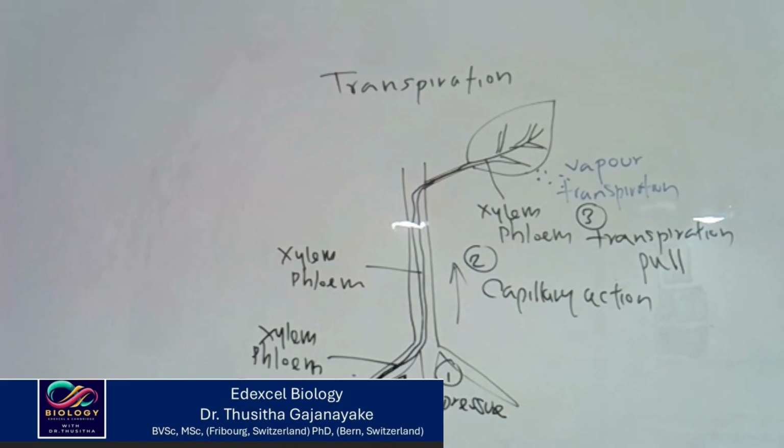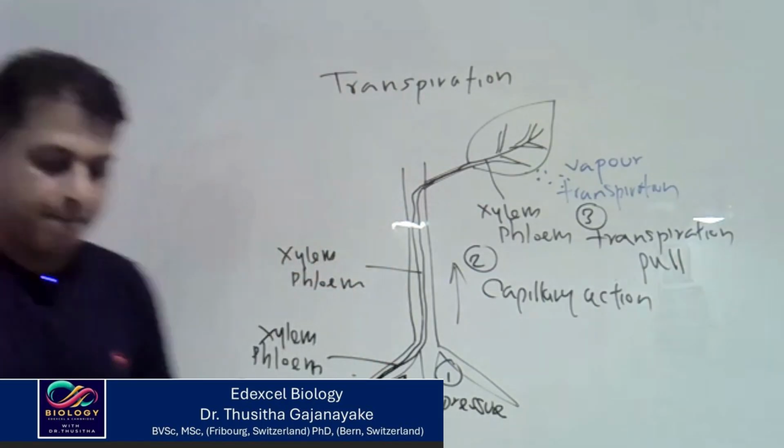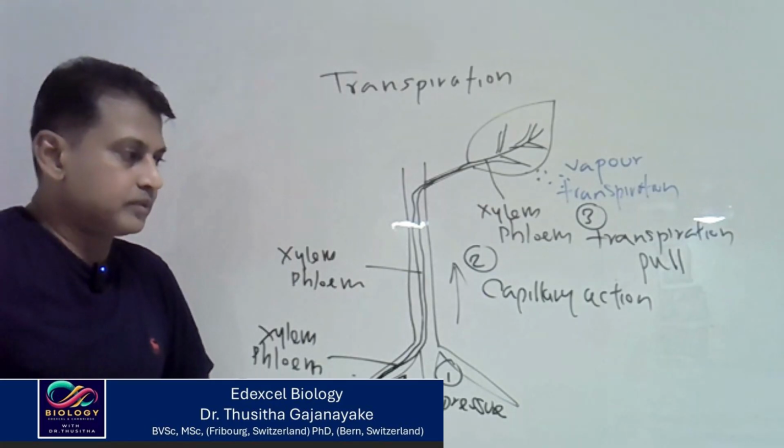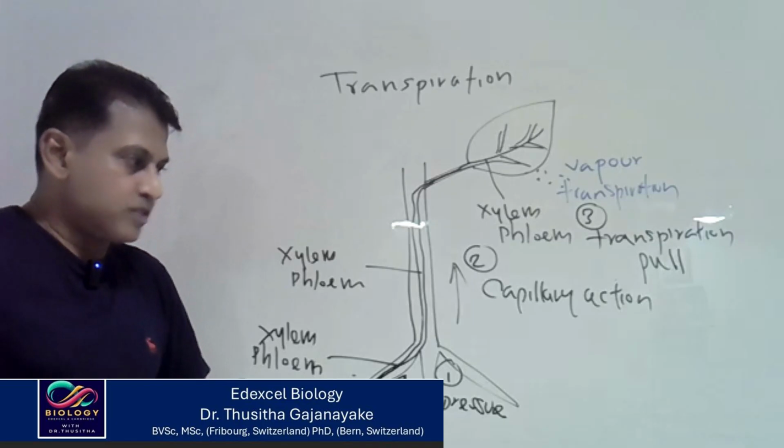Thank you, sir. Okay, can you write number 1? Number 1. Water enters the xylem of the root by osmosis.